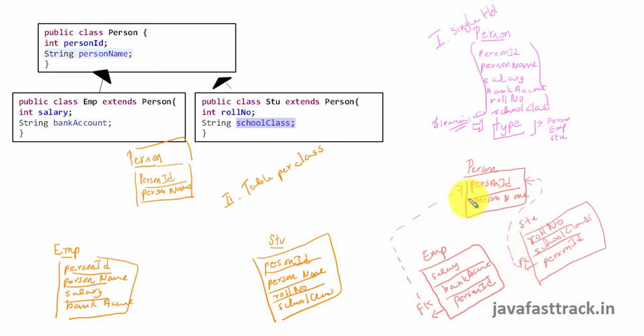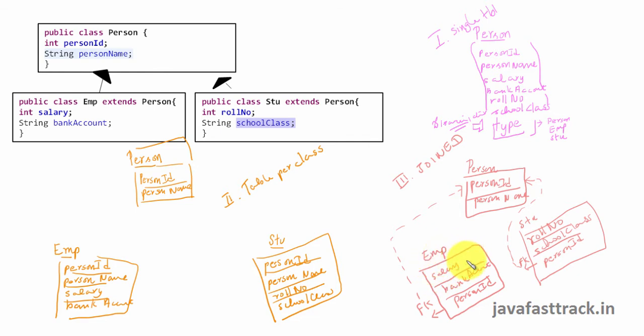This is called as the strategy 3, join strategy. So table per class strategy and join strategy looks almost similar. The difference is you do not want to repeat the person name field and other fields of the person class again and again. So we have created something called as foreign key relationship. So using foreign key, you can retrieve person name from the person class.